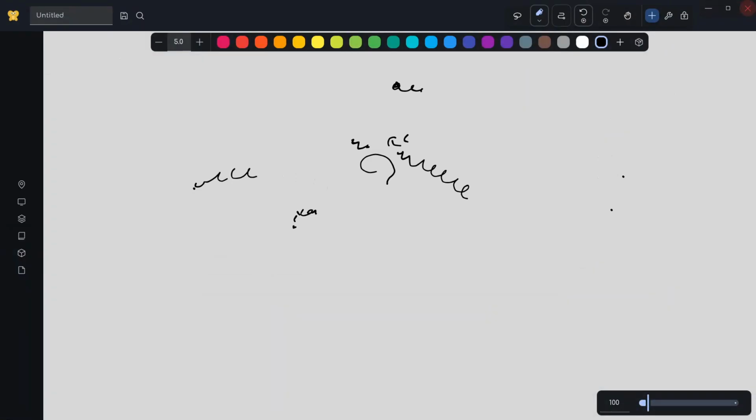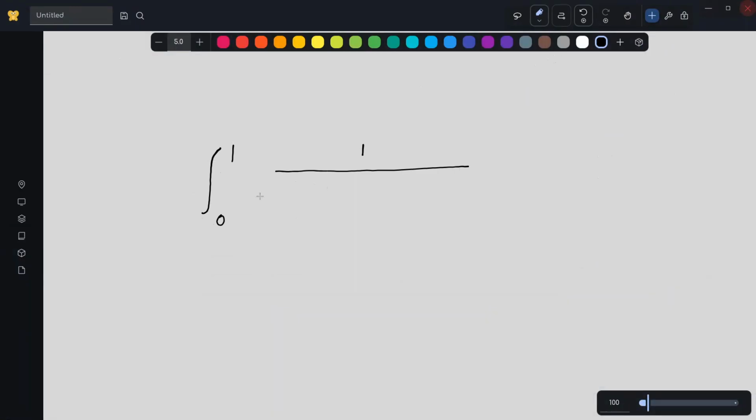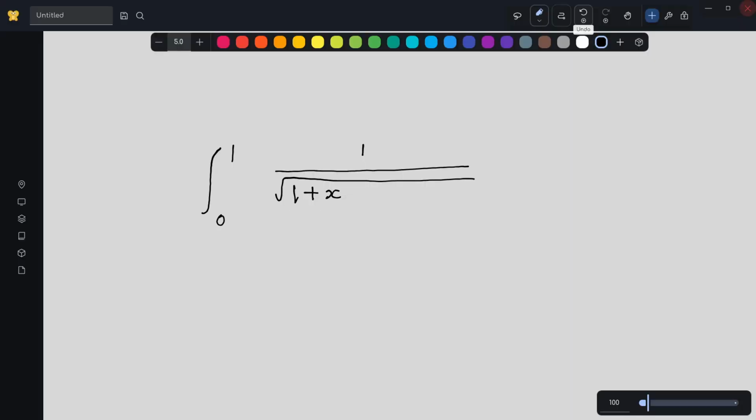You know what, this works. Okay, integral 0 to 1 of 1 over, this feels horrible, square root of 1 plus x. Was it x squared? I have no idea. It wasn't even x.